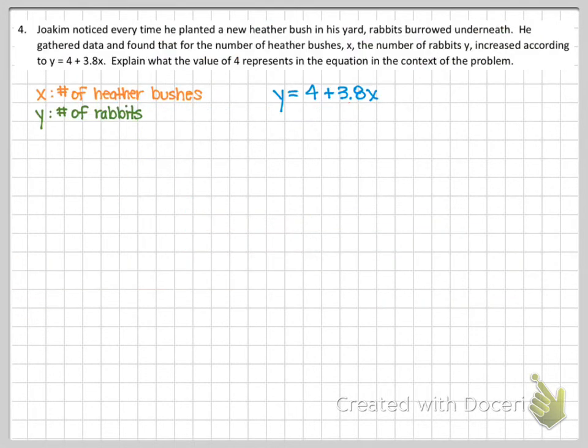So if you look carefully, the question looks exactly the same, except at the very end, we're asked about 4 instead of the 3.8. Okay, so let's take a look at the equation. Same information we had before, except 4 now, that's the b, which we know is our starting value.